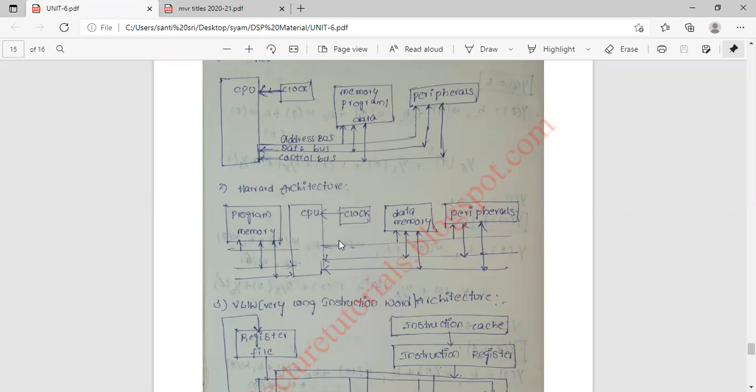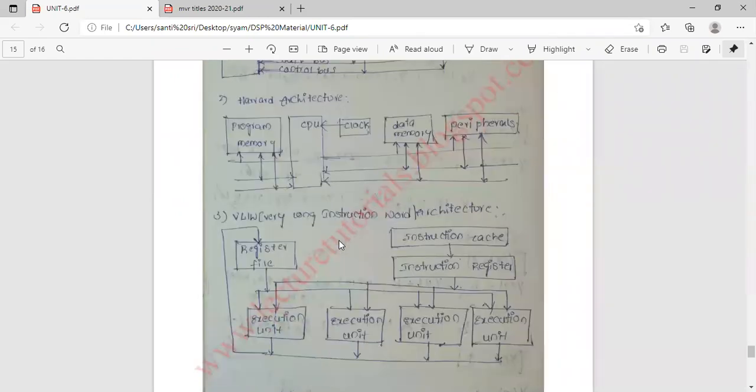Next, VLIW, that is, very long instruction word architecture. Here a register file is there, connected to all the execution units, and these execution units are interconnected with each other. All these execution units are connected to the instruction register and instruction cache.